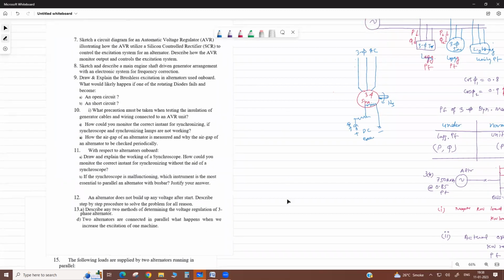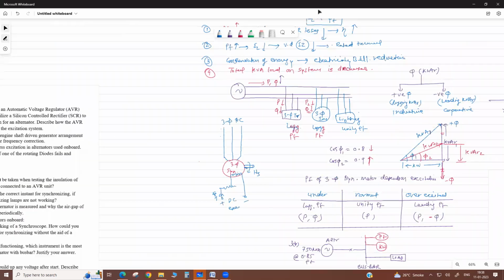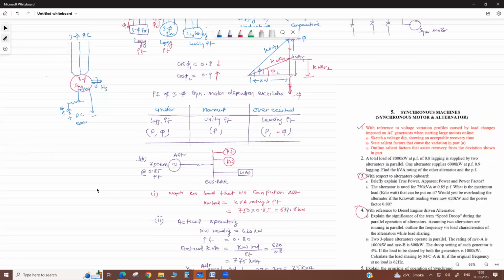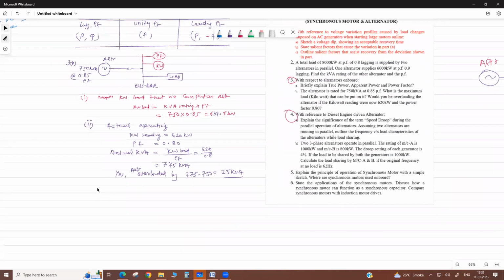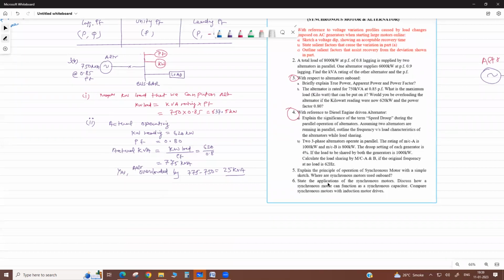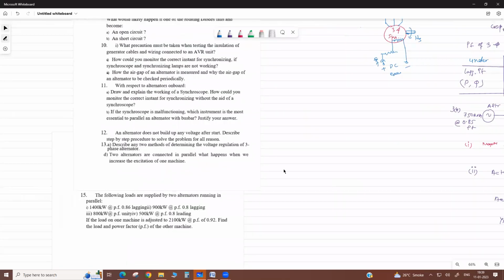There was a question in first here. Explain how it is function as a synchronous capacitor. Here is the sixth question was given over already. There was one question, please.